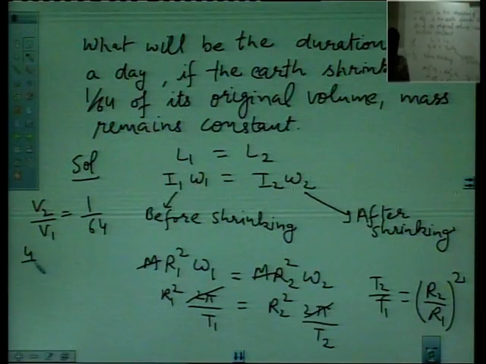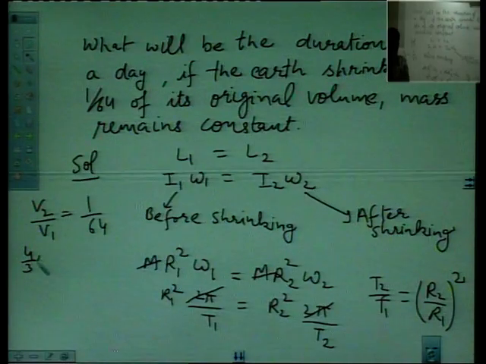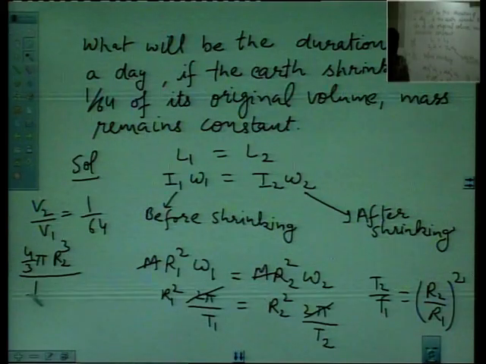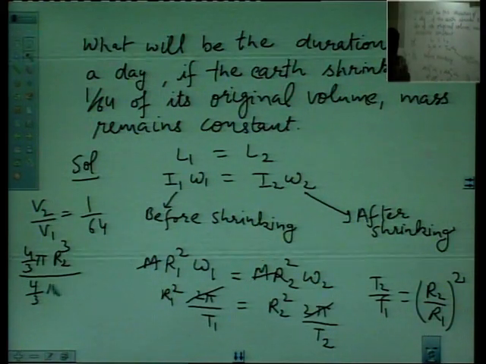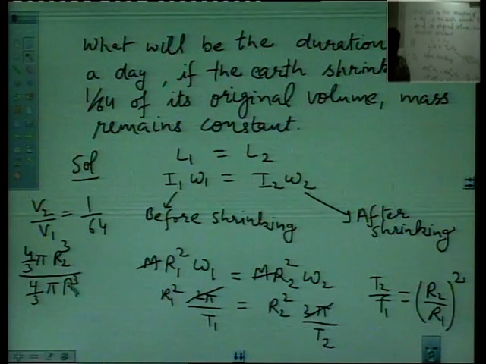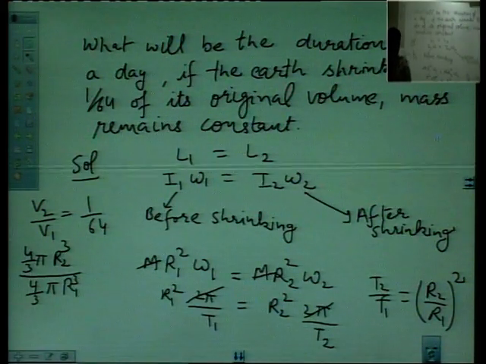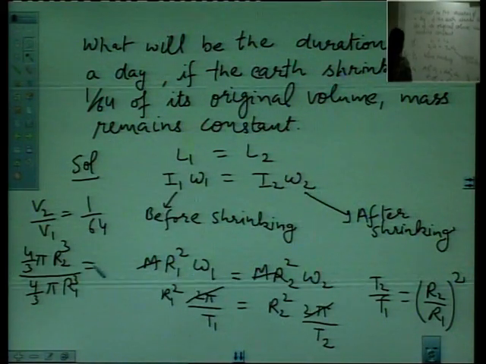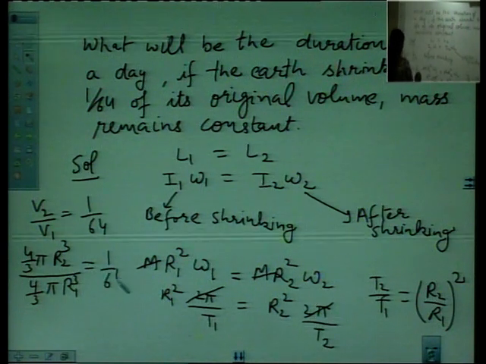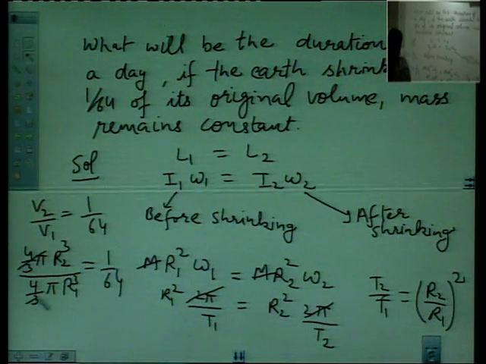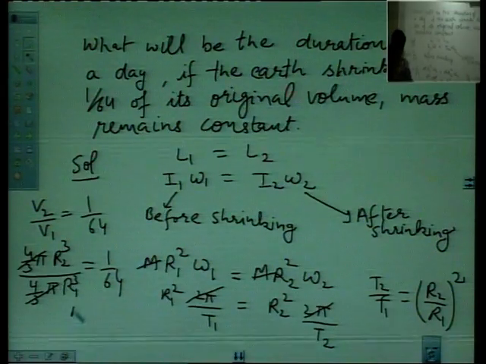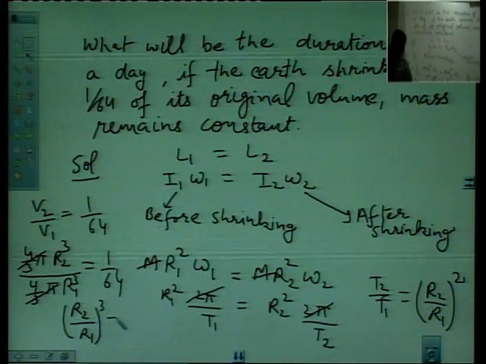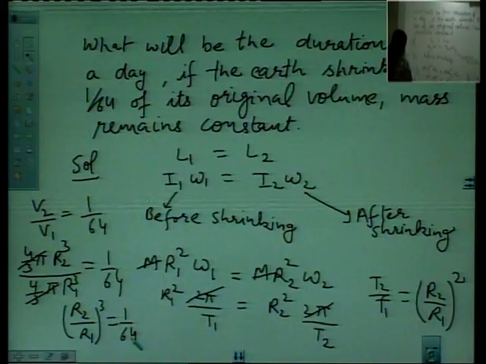Now volume V2 is equal to 4 upon 3 pi R2 cube and V1 is equal to 4 upon 3 pi R1 cube. Because earth is a sphere, we have taken the volume as that of a sphere. 4 upon 3 pi and 4 upon 3 pi have been cancelled. R2 upon R1 whole cube is equal to 1 upon 64.